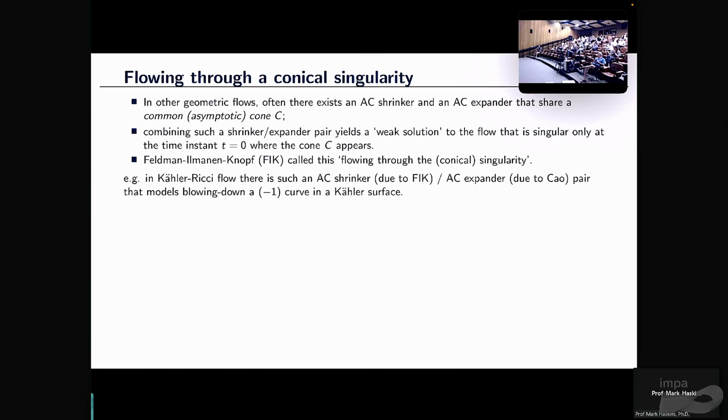Out of that pair, you can define a weak solution to the flow that looks like the shrinker for all negative times, it's just the cone at time 0, and it's the expander for all positive times. This gives you a weak solution to the flow that at time t equals 0 is exactly the cone. Feldman, Illman, and Knopf call this flowing through the singularity. In Kähler-Ricci flow, there is a shrinker due to these authors, an expander due to Huidong-Zhao, and it models blowing down, say, a -1 curve in a Kähler surface.